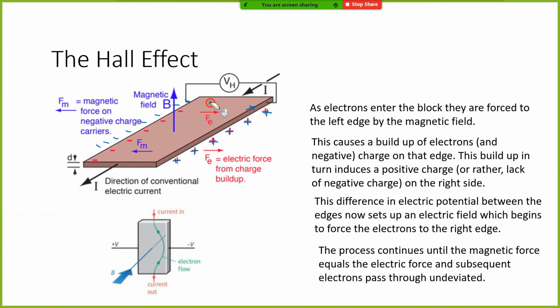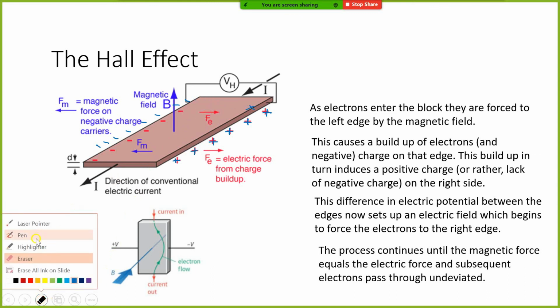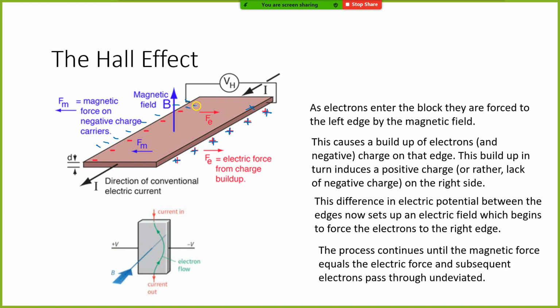So as more and more electrons accumulate on this side, remember now that electrons repel each other. So if more electrons are coming on this side, then these electrons are going to be repelled, right? Now, whenever that occurs, that repulsive force, which is the force caused by the electric field, there will be a point where that force is equal to the magnetic force, right?